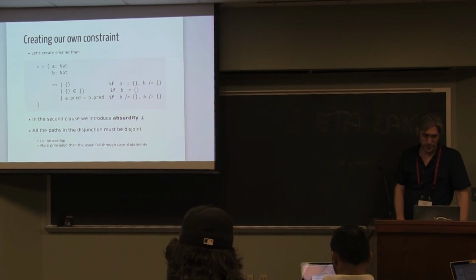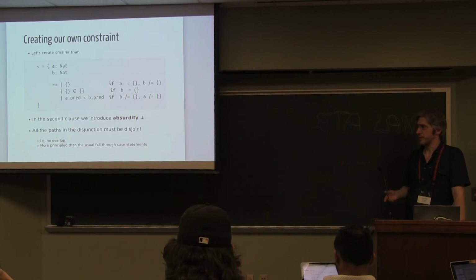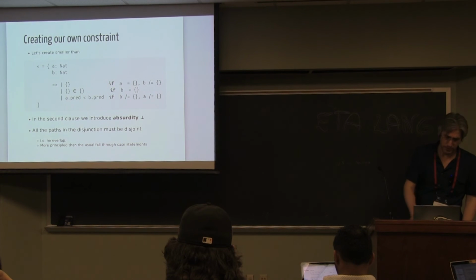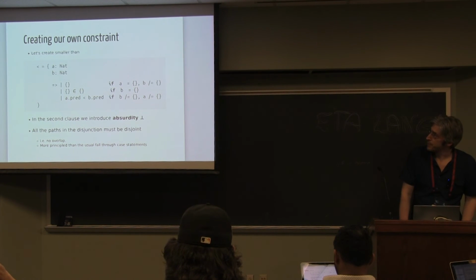But that doesn't matter. When we use the smaller than, we are only interested whether that constructs or whether that results in absurdity. So we can return anything really, it doesn't matter. But on the other hand, the second case says that if B is equal to 0, then we know that property doesn't hold.